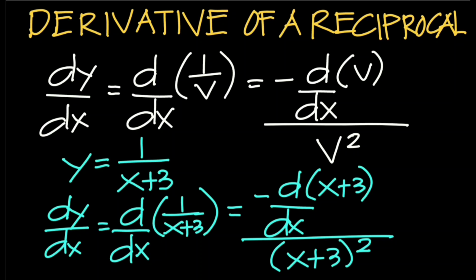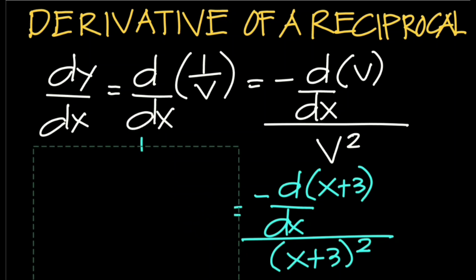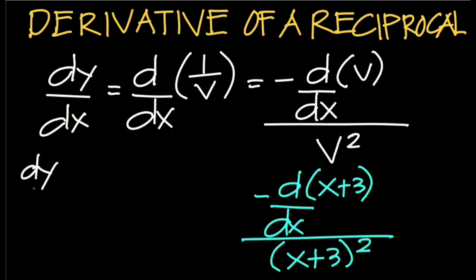So this is how we write the derivative of a reciprocal. And in this case, we're given the function 1 over x plus 3. Now let's further solve this. So dy over dx is equal to the negative of the derivative of x plus 3.